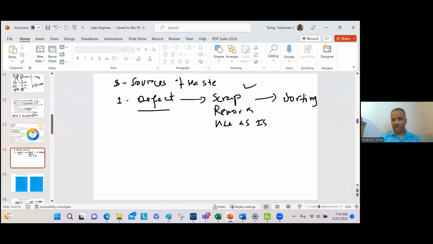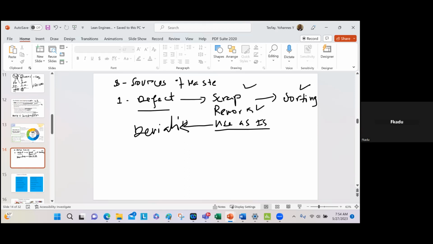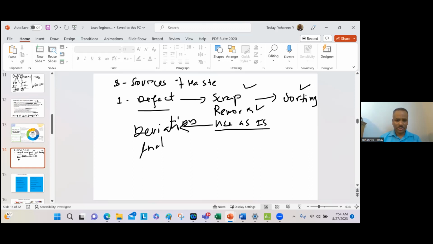Scrap cost, sorting cost, rework cost, and this is called deviation analysis. Okay, deviation analysis. Use as is is called deviation analysis.